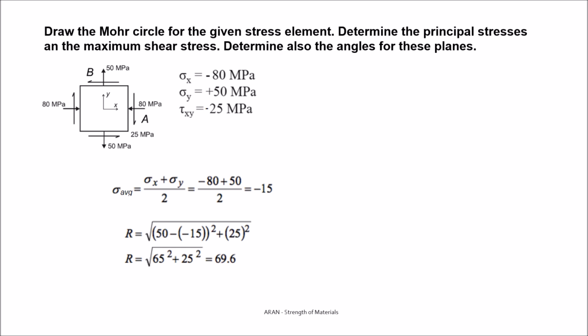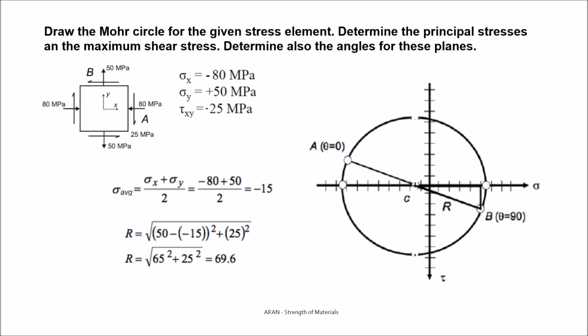Well, first let's calculate the position, the location of the center of the Mohr circle, and the radius of the Mohr circle. You have those: the location of the center is minus 15, okay, and the radius is 69.